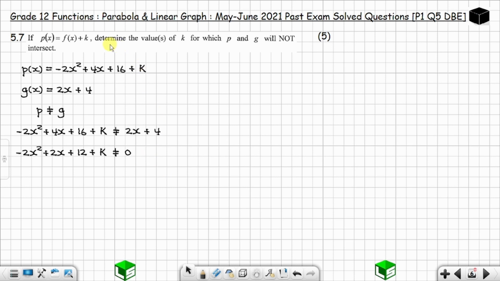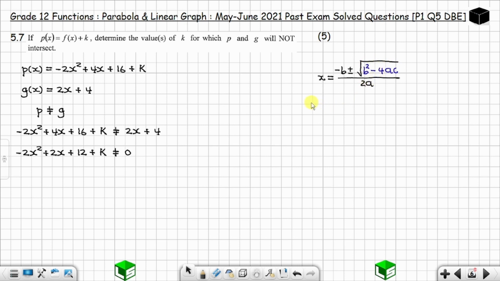Okay, so we have brought everything to one side. Now, to determine the values of k for which p and g will not intercept, you are going to use the discriminant from the quadratic formula. There's the discriminant in blue. You can see it underneath the square root sign. This is what we call the discriminant.